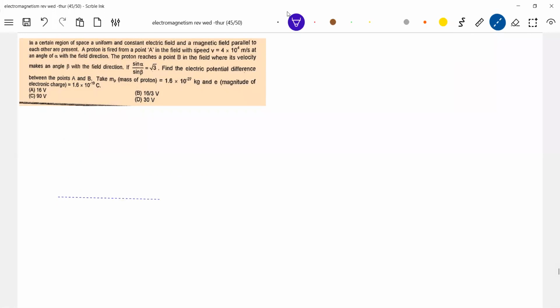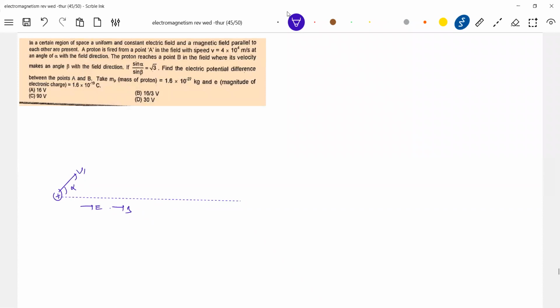Let me do one thing. So here E bar and B bar both are present. A charged particle is projected with a speed, and the proton reaches point B in the field where its velocity makes an angle beta with the field direction.